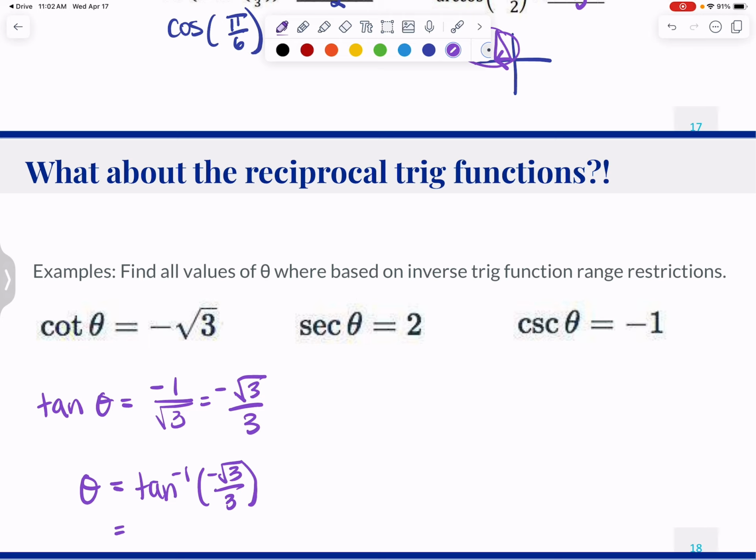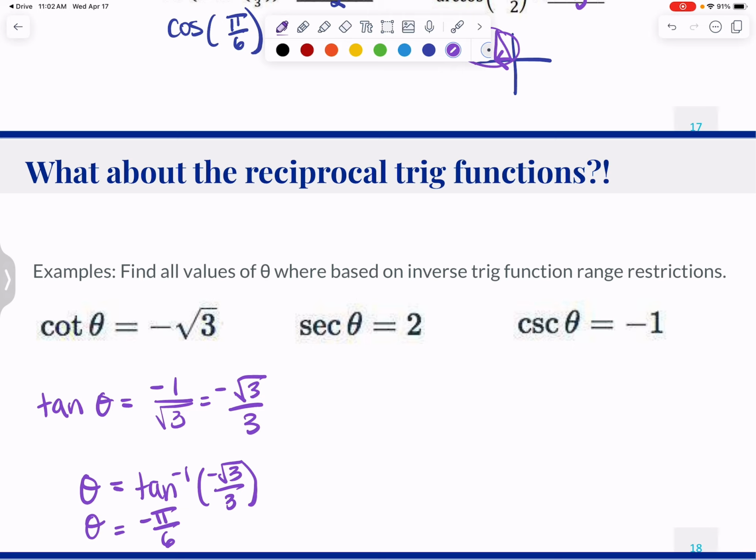If you isolate that x squared, you can take the square root of both sides. Same with trig functions. If you isolate the trig function, you can take the inverse of both sides. So theta is going to equal the tangent from the negative coterminal angle in quadrant 4 that gives us a tangent of negative root 3 over 3, which is going to be a pi over 6. So that is negative pi over 6.